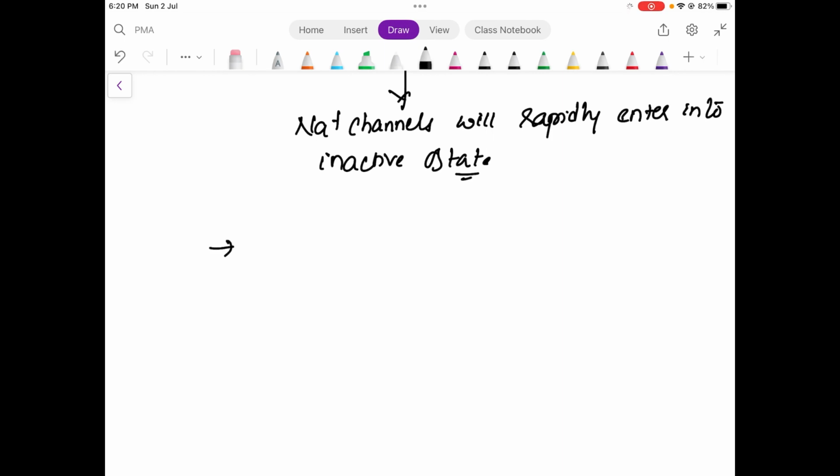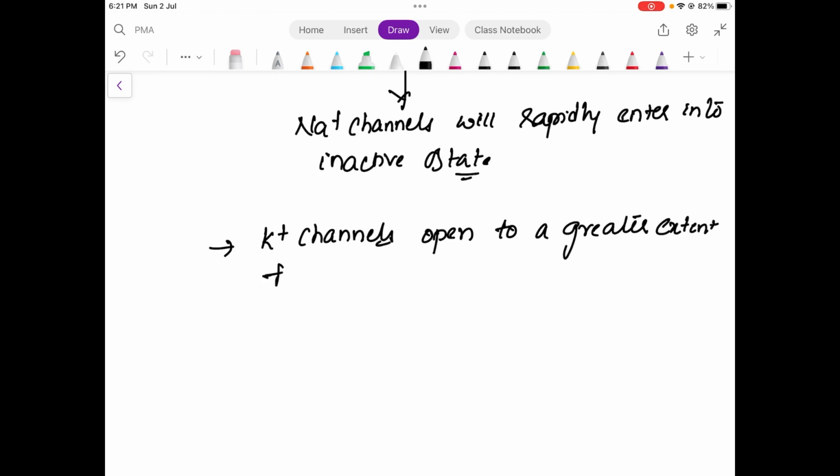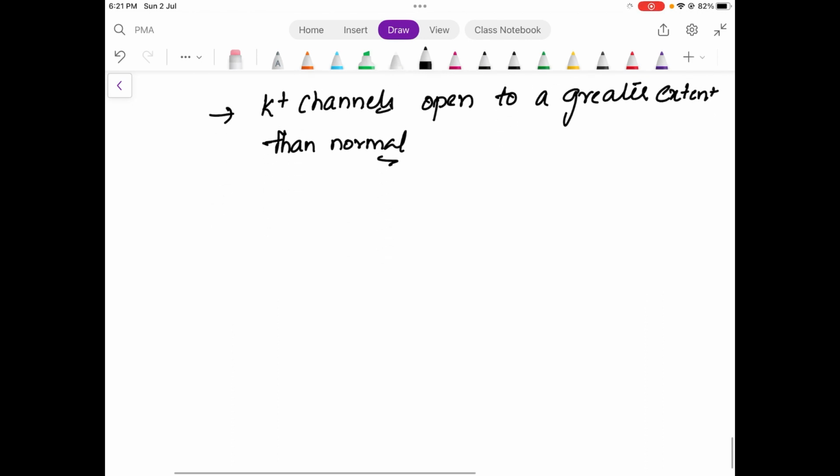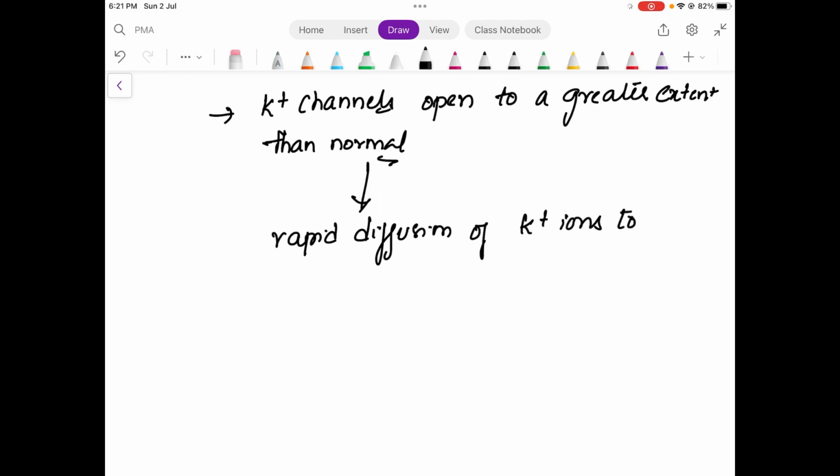Now, in the repolarization stage, potassium channels will open to a greater extent than in the normal stage, and cause rapid diffusion of potassium ions to the exterior.